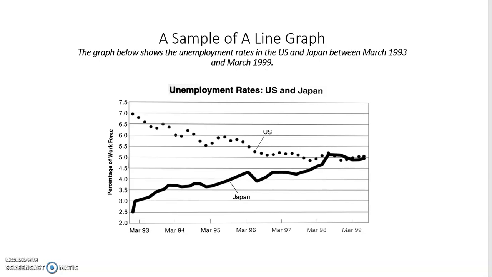So the topic of the graph is the unemployment rates in the US and Japan between March 1993 and March 1999. Let's look at the example. Let's look at what the graph is about. I'm giving you some time to look at what the graph is about, look briefly at the trend, and then let's look at the example of the essay.